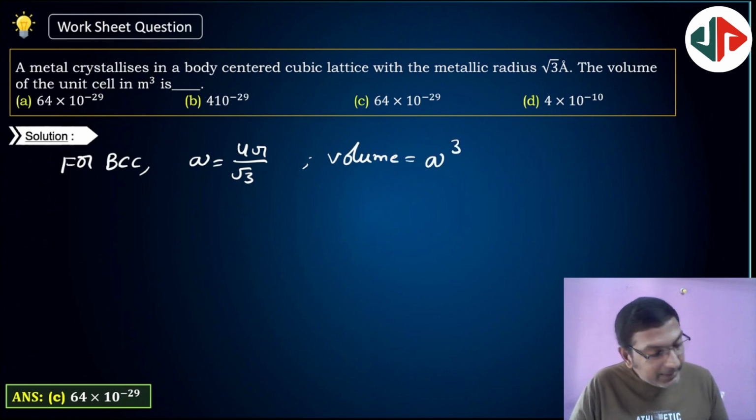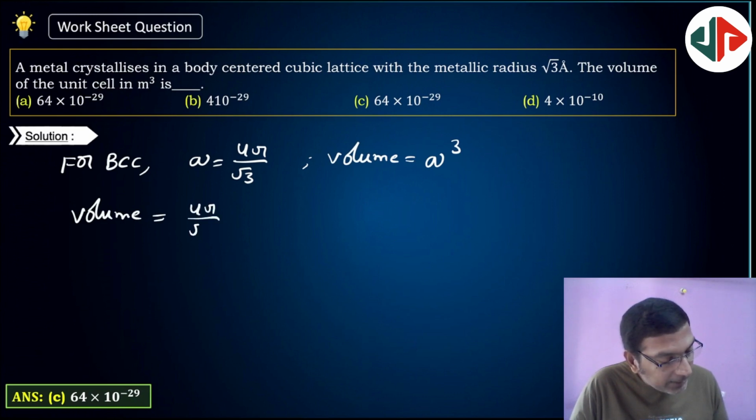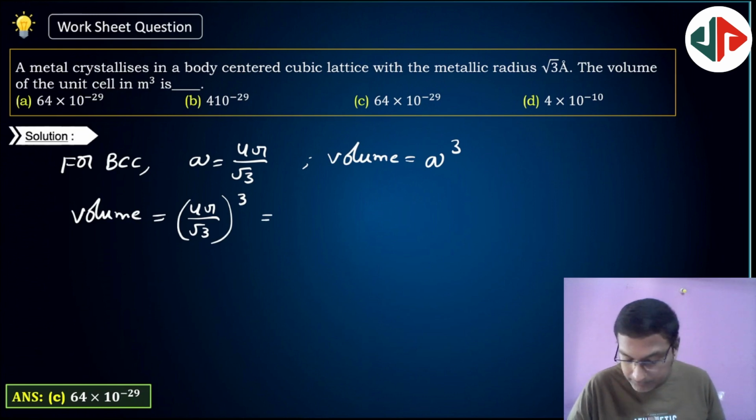So from this we can calculate volume equal to (4R by root 3) whole cube.